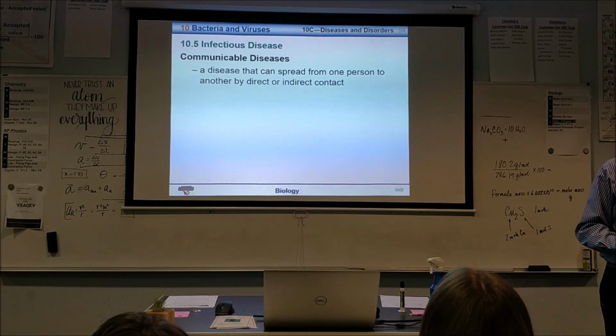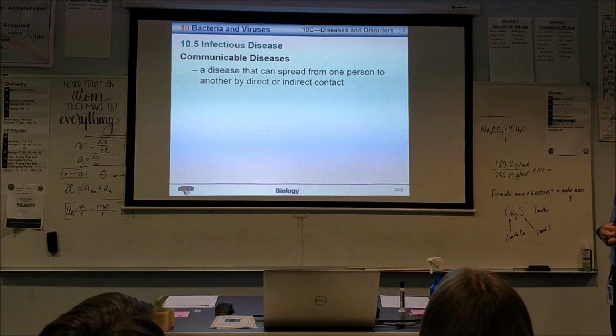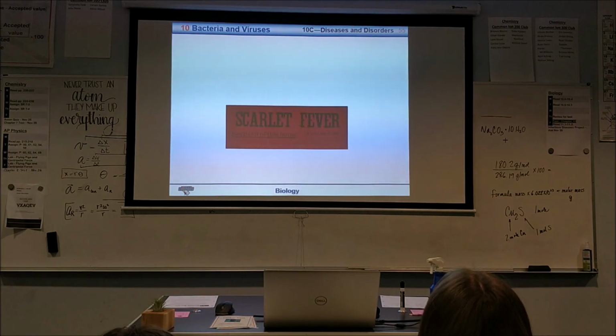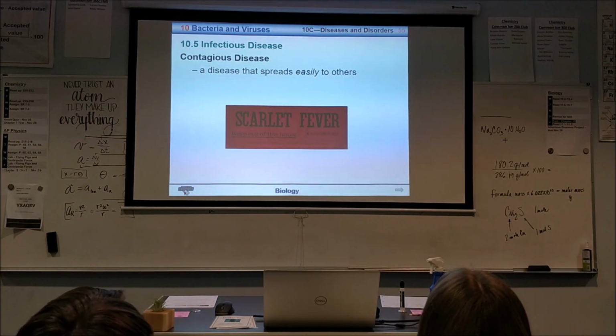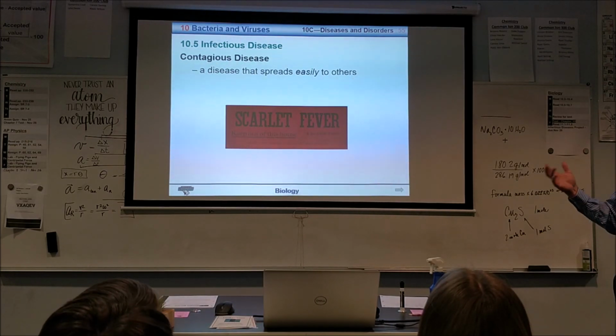Now, there's another word that we use when we talk about infectious diseases: communicable diseases. These are the diseases that can spread from one person to another by direct or indirect contact. And we'll talk about the difference between direct and indirect contact. Here was one disease that is in our past that we don't have today: scarlet fever.